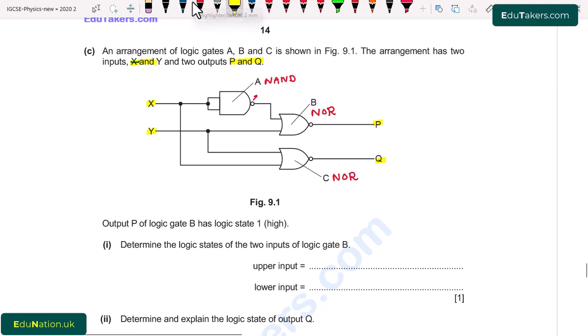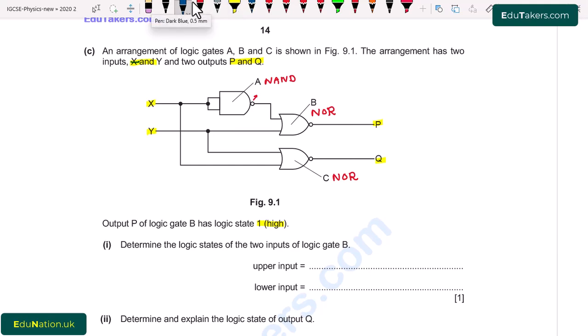So output P of the logic gate B has logic state 1. You can see here that B has output 1, that is high. It means that the value of P is equal to 1.